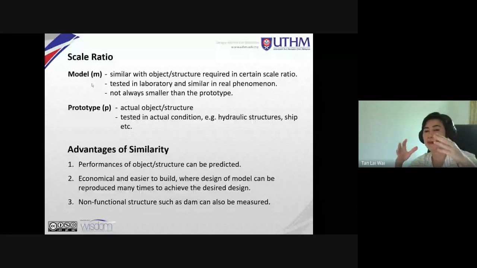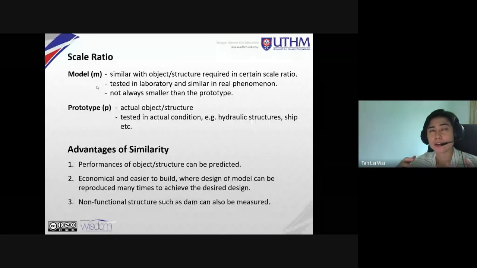That means you build a model, and then you can do experiments and things like that to get the required parameters that you want, to report its characteristics, basically.